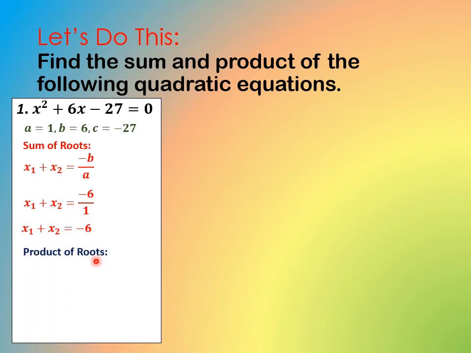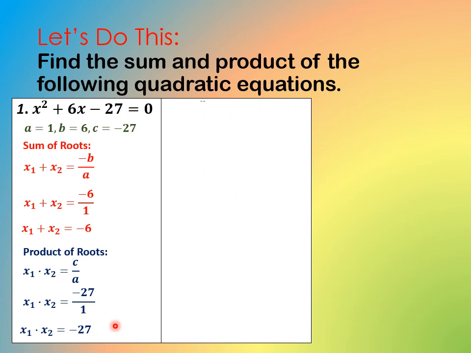For the product of roots, we have the formula C over A. What is C? That is negative 27. What is A? That is 1. So we have negative 27 divided by 1. So the product of roots is negative 27.